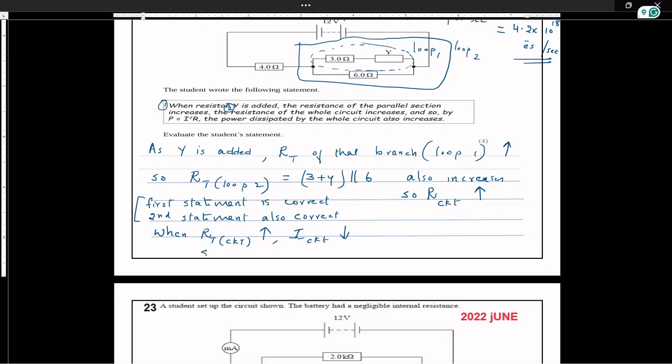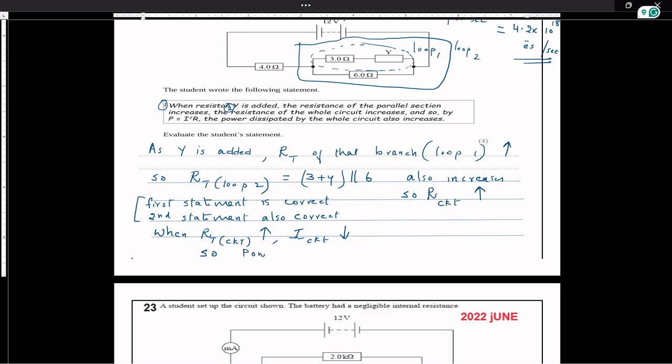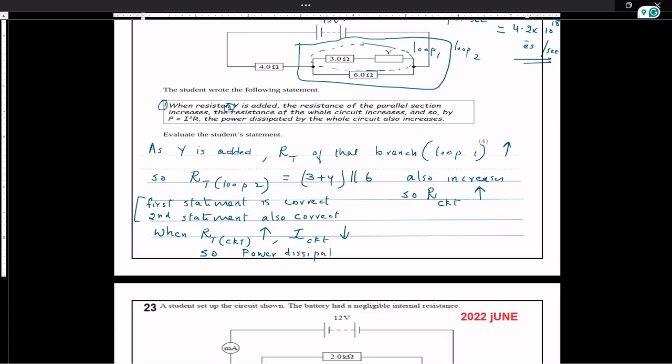So when I decreases, the power dissipation by the whole circuit decreases as per the equation P equals I square R.